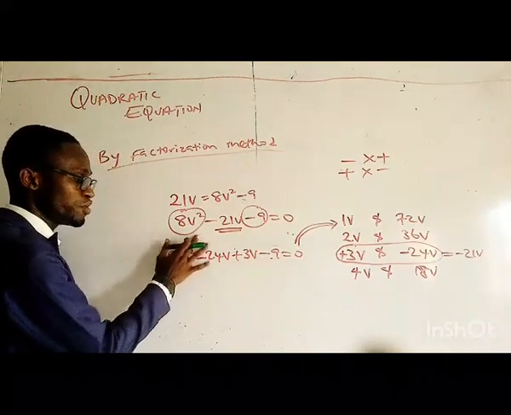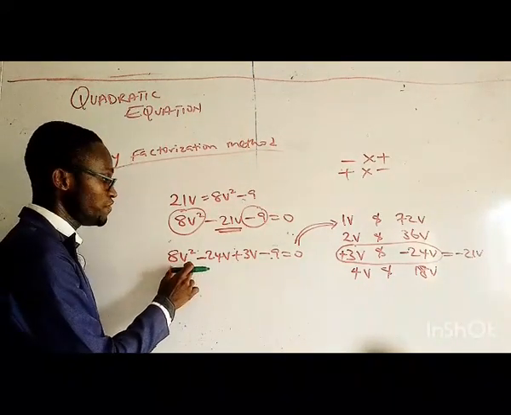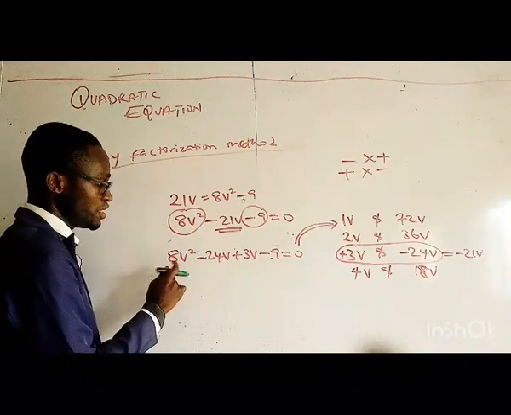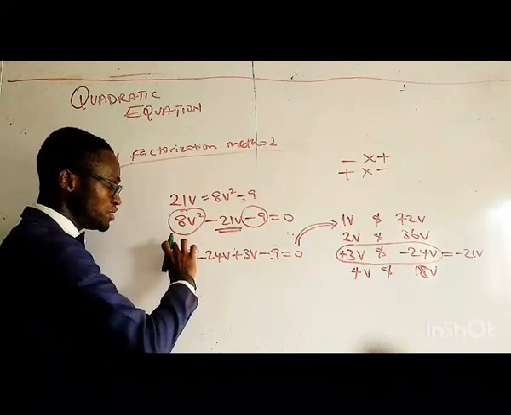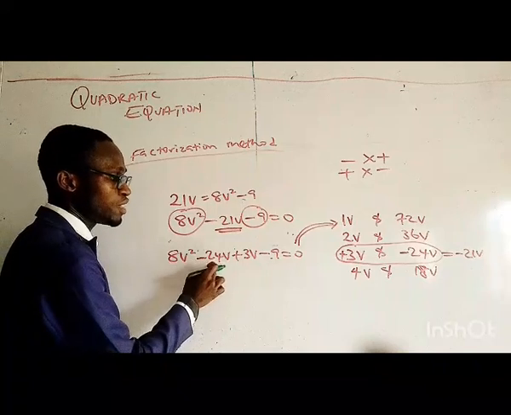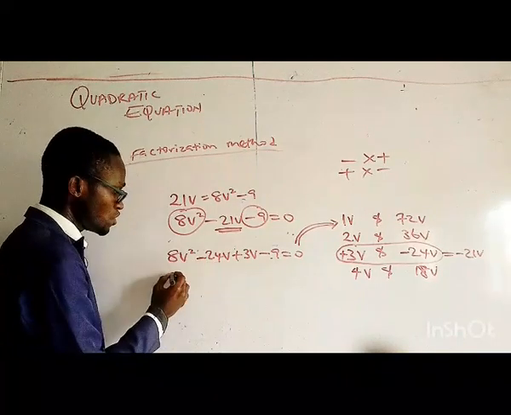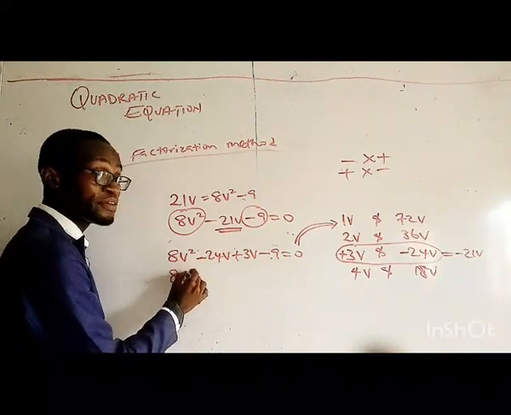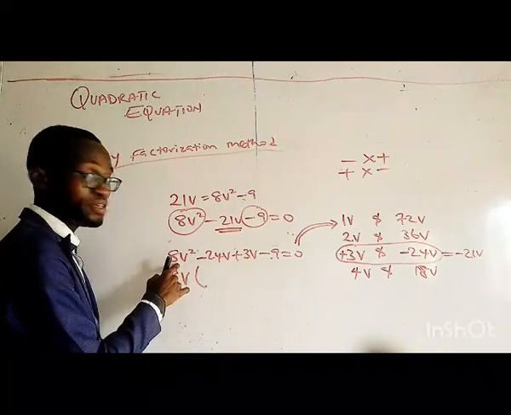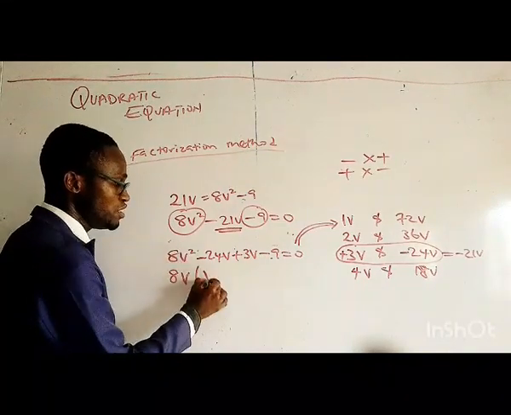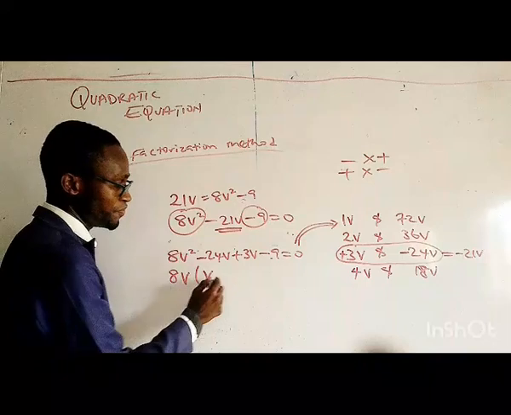If you look at this very well, what is common in 8v squared and 24v? You can find 8, you can find v. So if we remove 8v from 8v squared, it remains v.